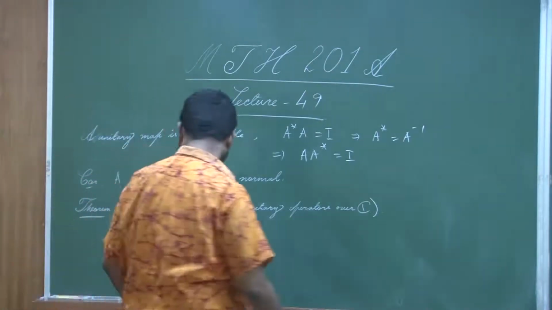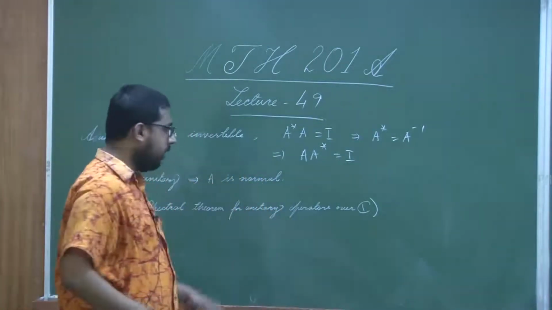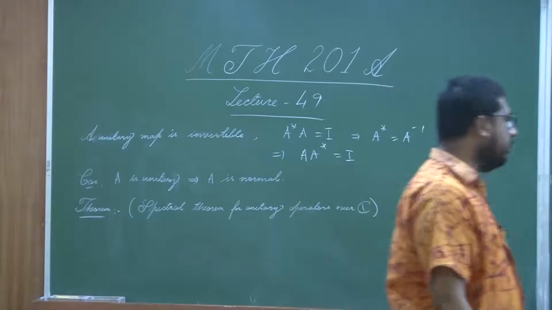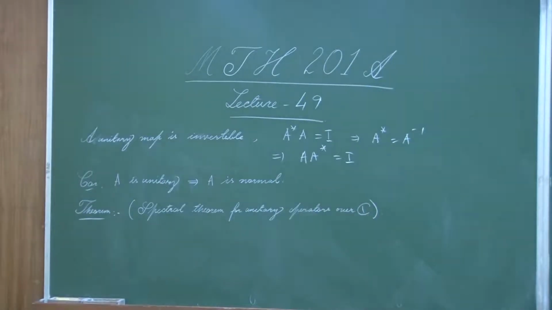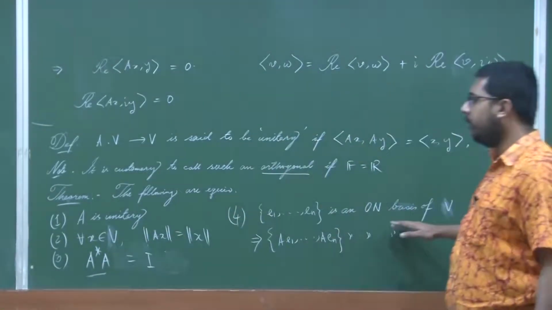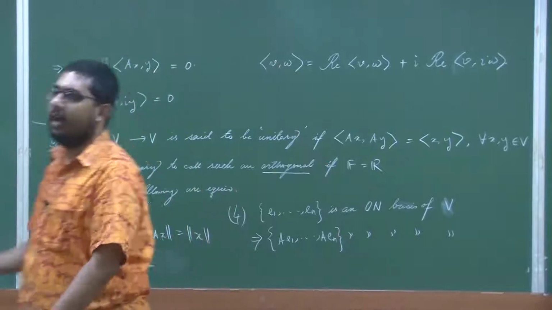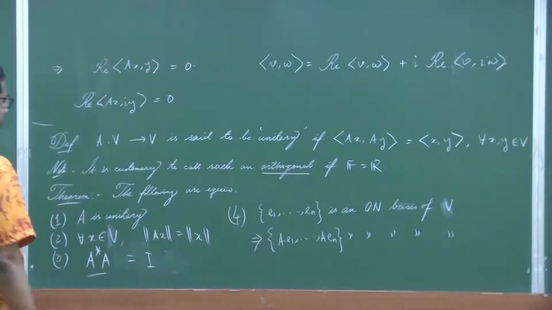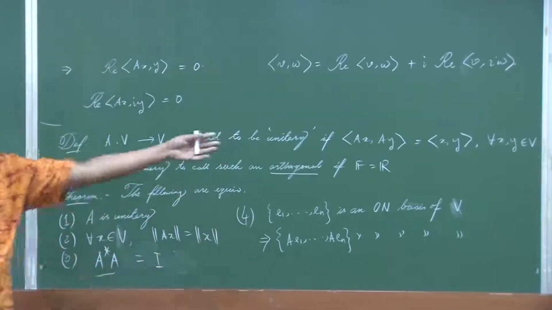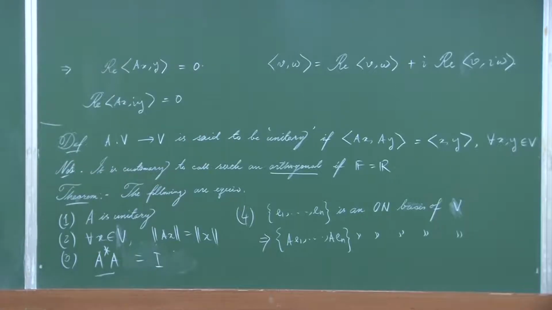In fact, from this point we can adopt the following convention. Before that, let us observe that this equivalence of the 4 properties holds irrespective of whether F is R or C. Okay. So, this holds for orthogonal maps and this holds for general unitary maps.